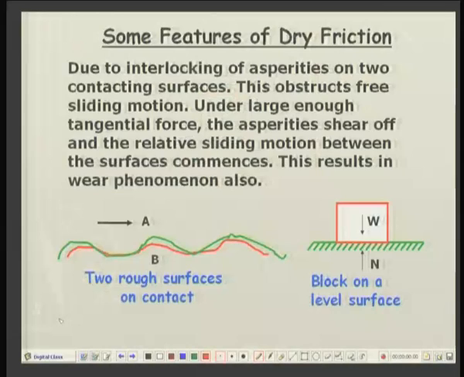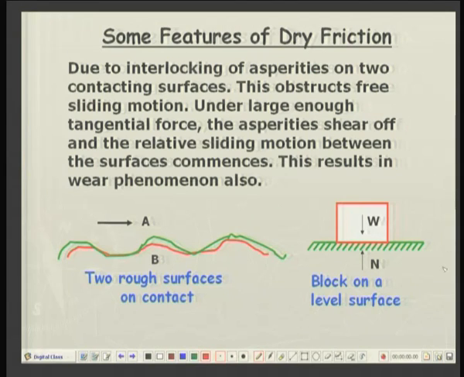So, now how does this force of friction come into play? First of all, let us say here is a block of weight W which is lying on a level surface, and at that moment we consider the state of equilibrium.